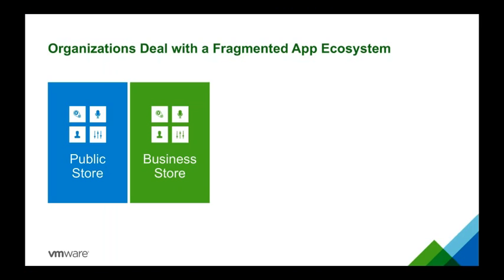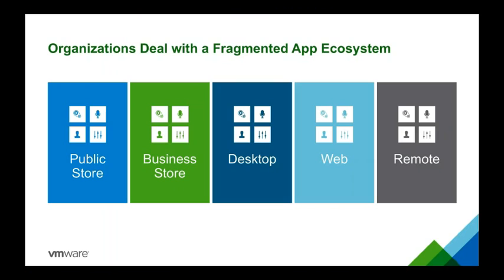But really what we're seeing is organizations now, even on the Windows platform, are having to deal with a very fragmented ecosystem. We have public stores where you can actually go and grab Windows applications. You have business stores. You have the desktop itself. We have web applications and SaaS applications. And we have remote applications as well.